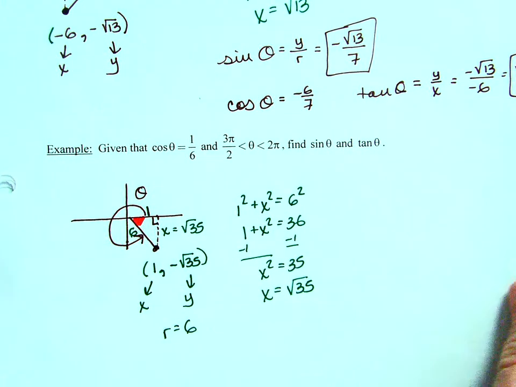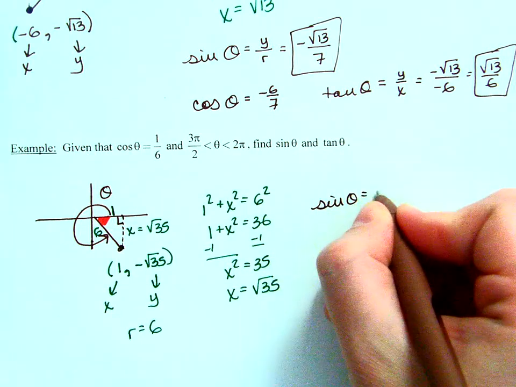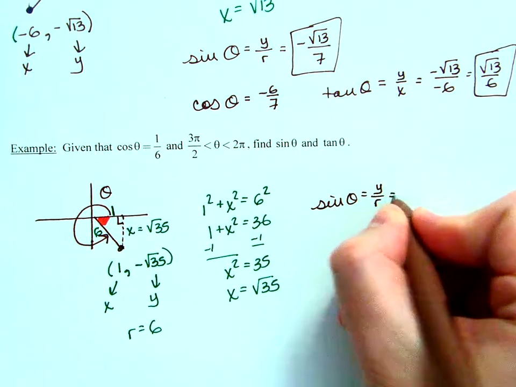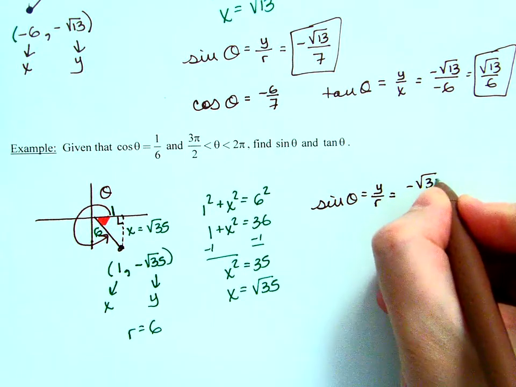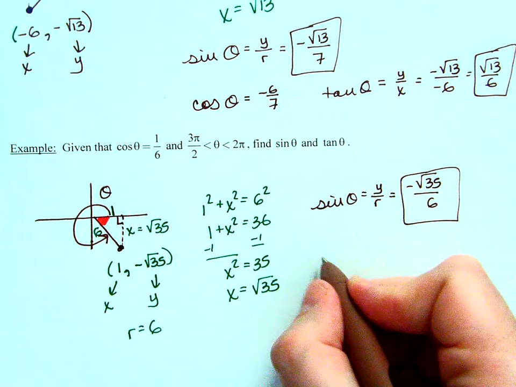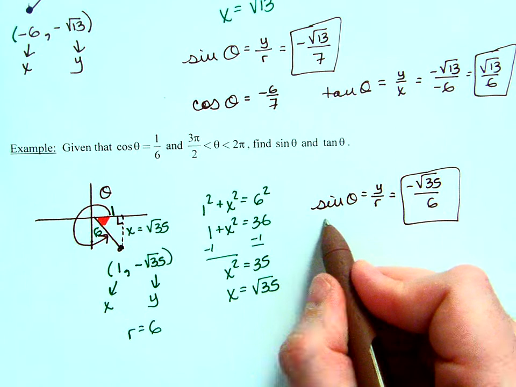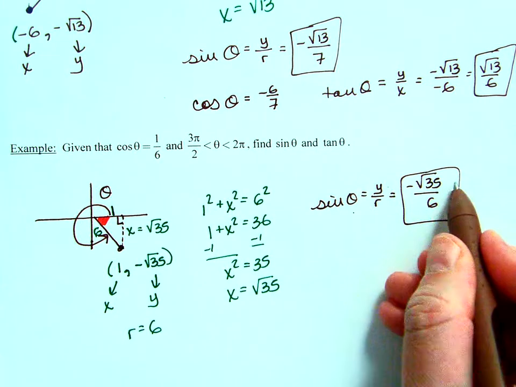And I think I should be good to go now. I need to find the tangent of theta, which is my y over r. That's negative root 35 over 6. Sorry, I think I said tangent. I meant sine. My sine of theta equals y over r, negative root 35 over 6.